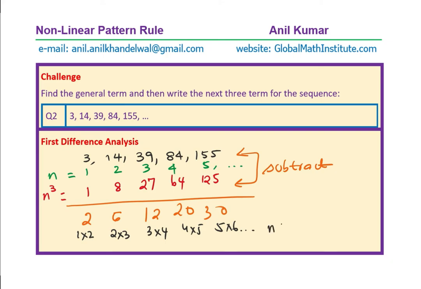And that gives us the general formula, Tn equals n cube plus n times n plus 1. You see how we have our sequence. So that is the best way to solve such questions.